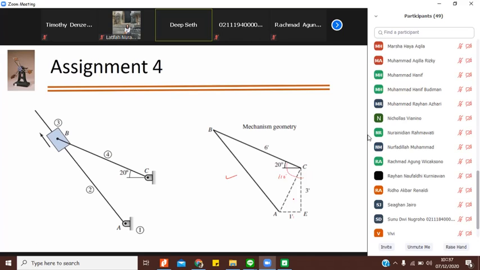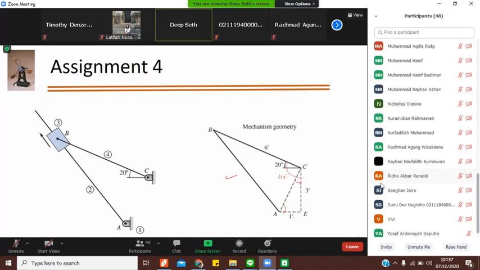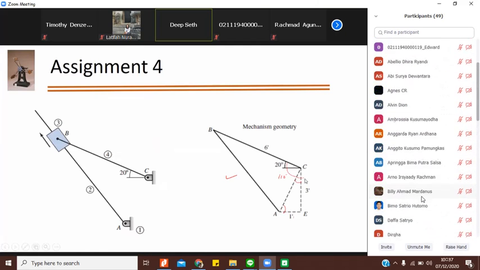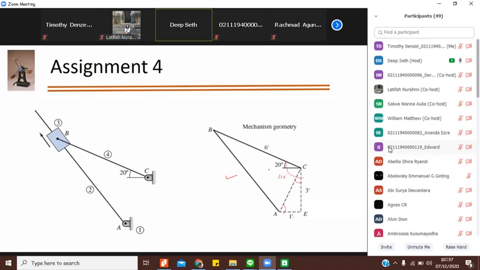And using this triangle, you can find this angle. If you know this angle, you will get to know the remaining angle, and this part you can draw.